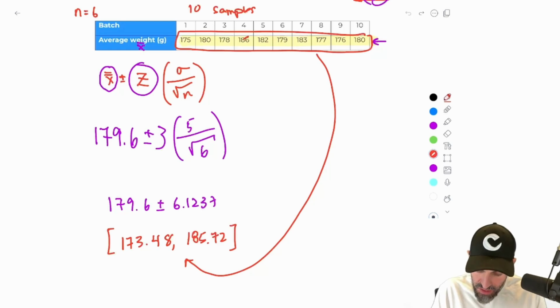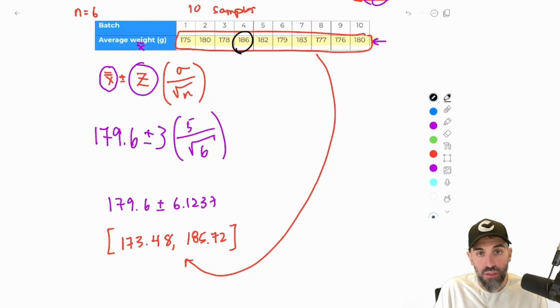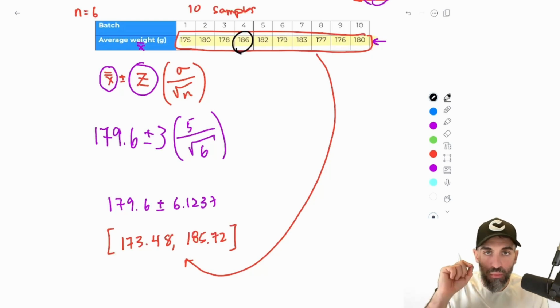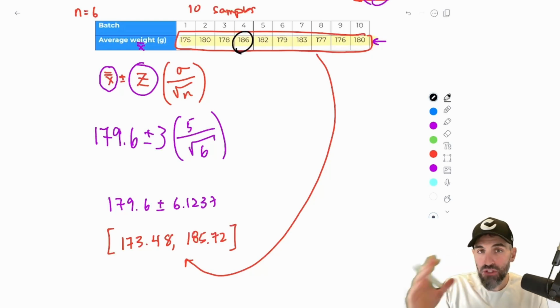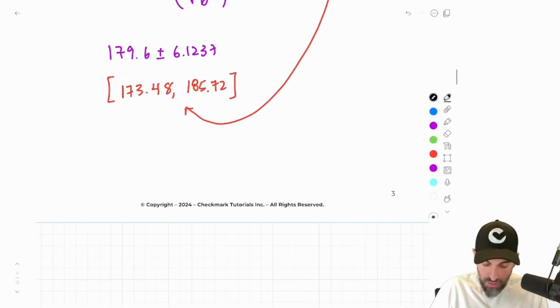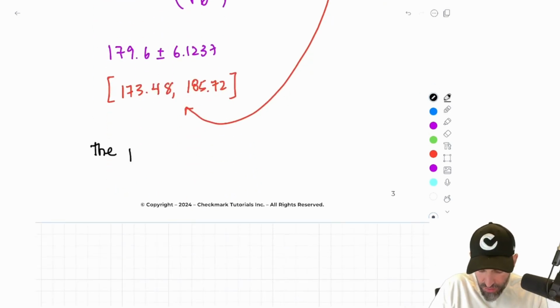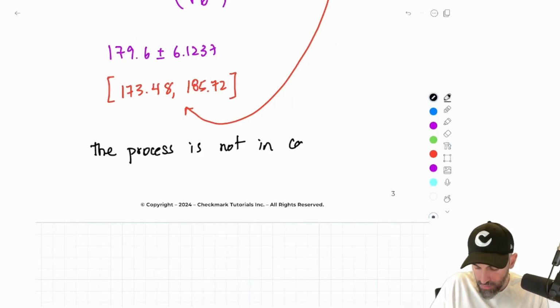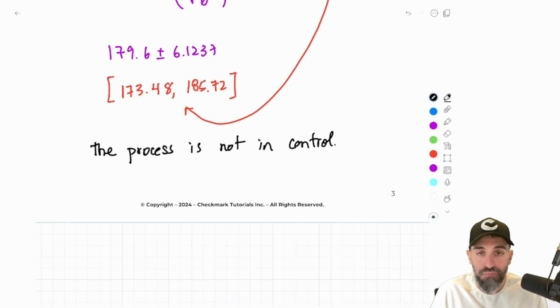Right there, 186. As soon as you have even one point outside of your control limits, you say the process is not in control. That's it. This process is not in control. There's something that needs to be investigated.